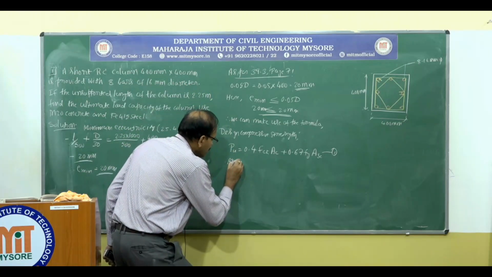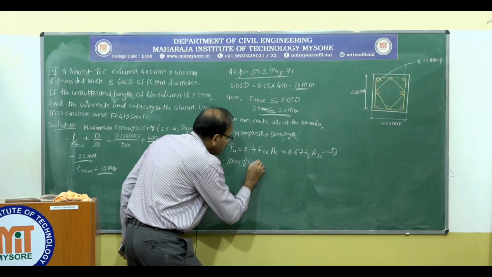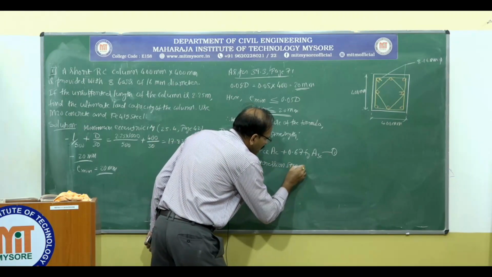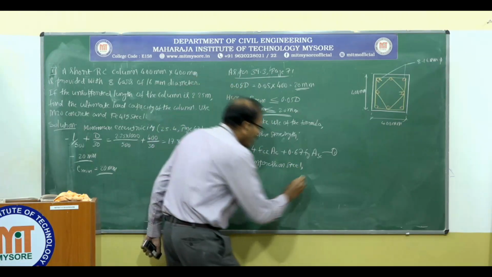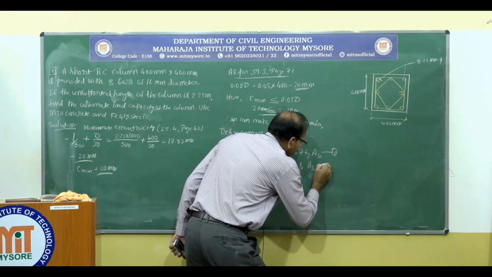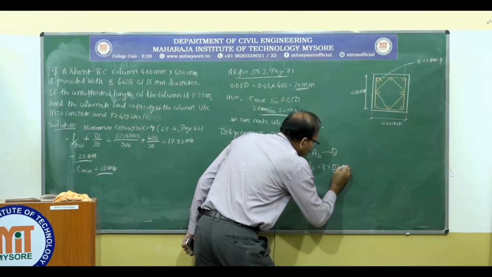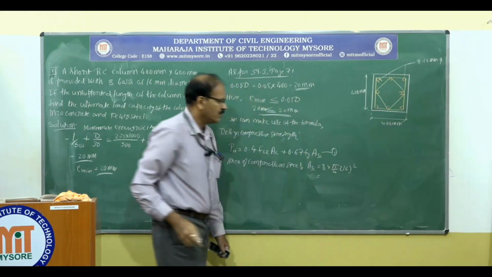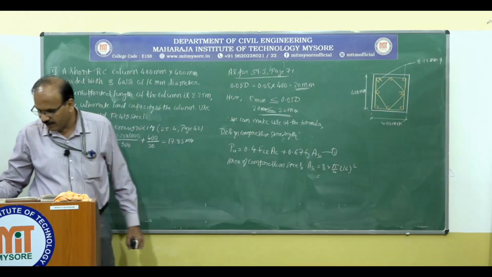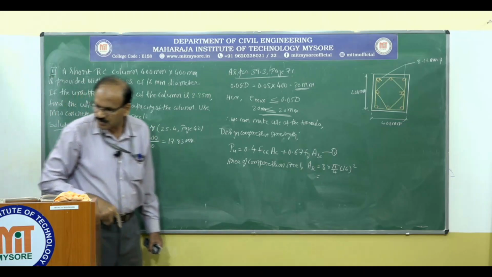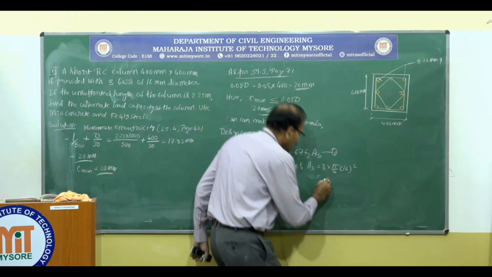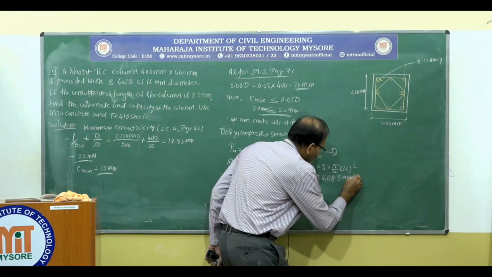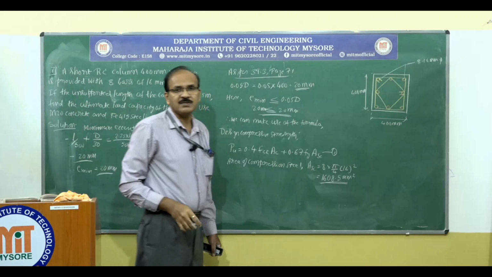So area of compression steel, Asc equal to 8 bars, pi by 4, 16 square. Okay. So that value is going to be 1608.5 millimeter square. That is the area of compression steel.